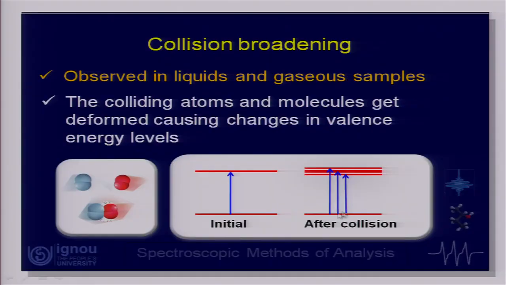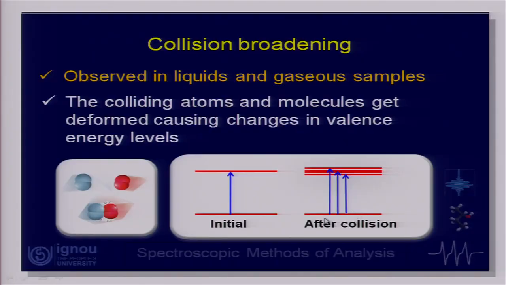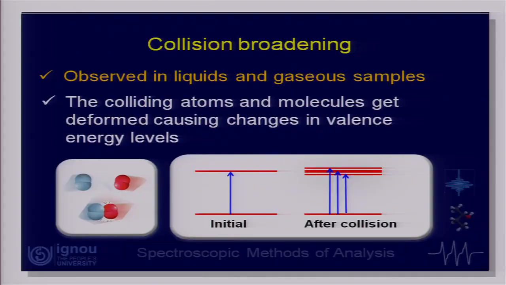The electron distribution of the outermost energy levels, the valence electrons so to say, gets disturbed. So, as a consequence, the initial level from where the transition is originating, which is somewhere inside closer to the nucleus, does not get altered, but these valence electrons or valence shell energy levels get altered. As a consequence, we find that this gets diffused to a certain extent.